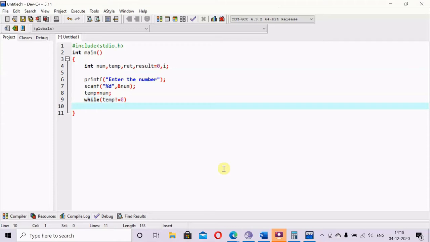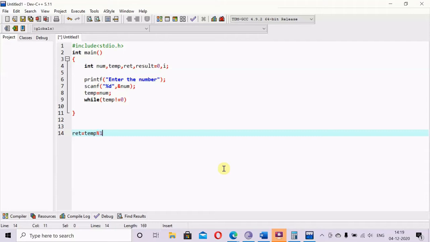After that we have to go for the main operation where we write the program. Here we first write rem equals to temp modulo 10.